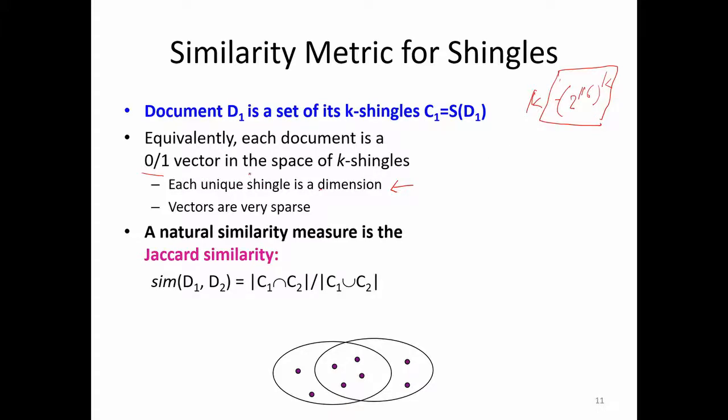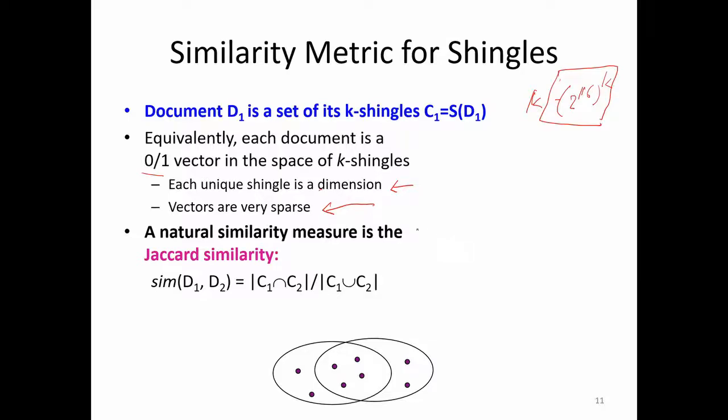Whichever shingles are present in a document, that element of that dimension is 1. Otherwise, for all the shingles which are not present, the corresponding dimension is 0. Now, it is expected that most documents are very sparse, because every web page will have only a small fraction of the shingles present.